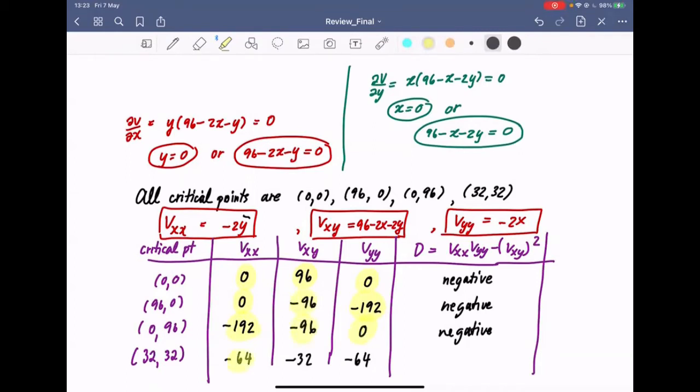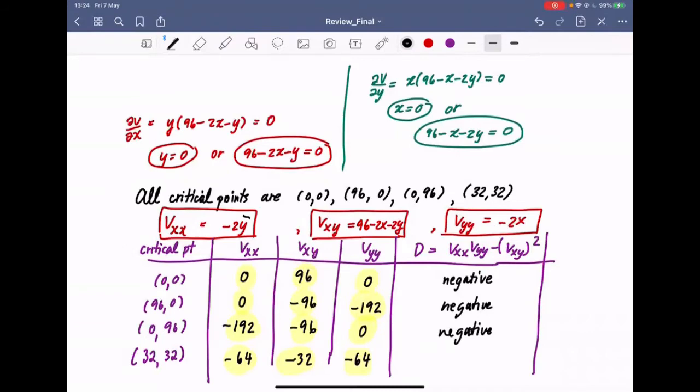And then also negative 64 times negative 64, and then you minus 32 squared. So you get 64 squared, which is 4096, and then you minus 32 squared.